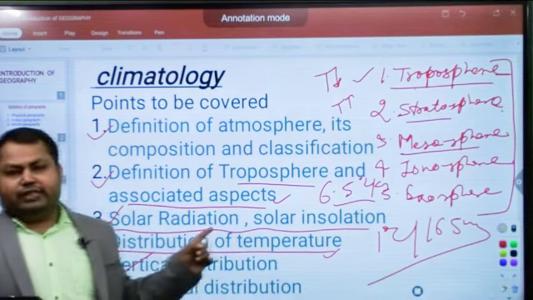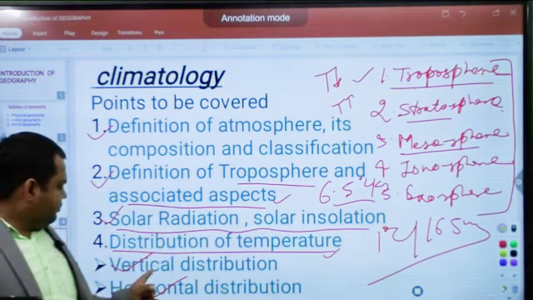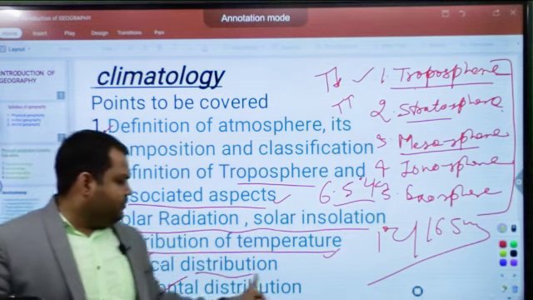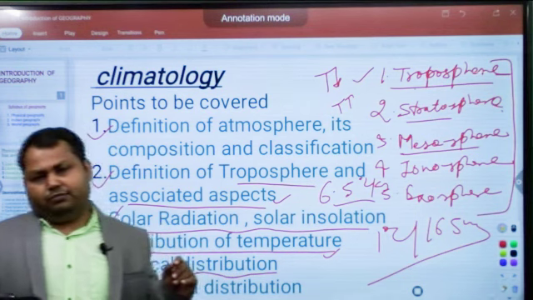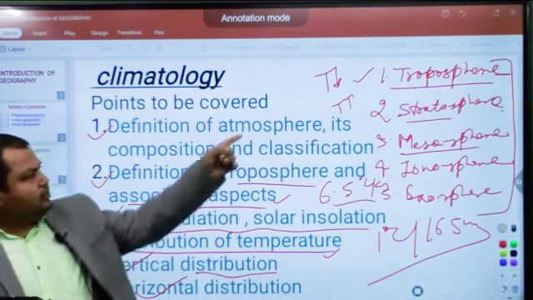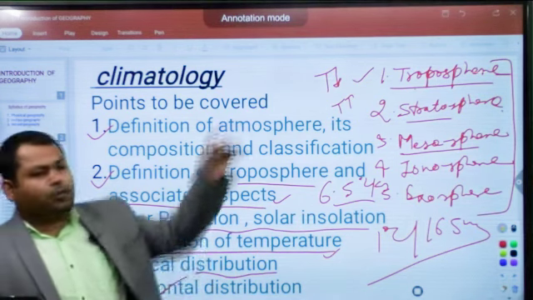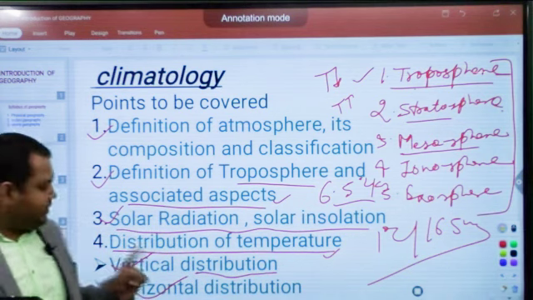Within climatology, listen very carefully, vertical distribution of temperature is studied in the troposphere, right?